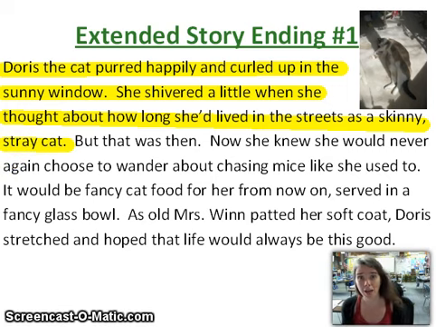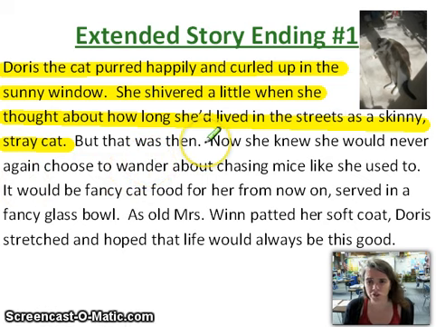First of all, she's purring happily, so she's showing an emotion here, a thought or feeling. And then she's shivering a little too, again a feeling of being scared, or she's not wanting to remember how she used to live. And of course, this is also a memory of the main event because she was thinking about living on the streets as a stray cat. So there are a couple different ingredients right there in the very first 2 sentences. Let's keep looking and see if there are any other ones.